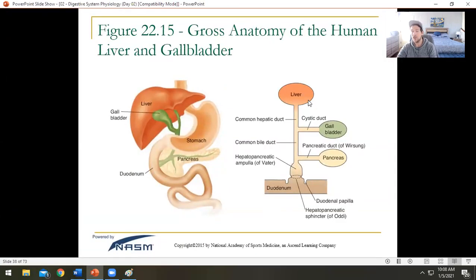This is where bile is created. And then it puts that bile into your gallbladder to store it. And when your body is ready for digestion, your gallbladder will spit that bile into your small intestine, and it will digest your fats in your diet.